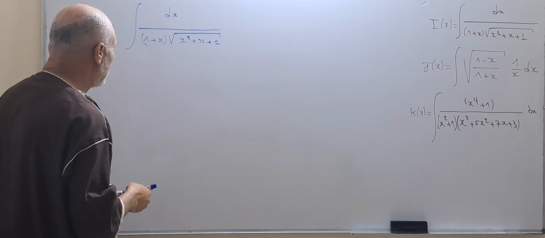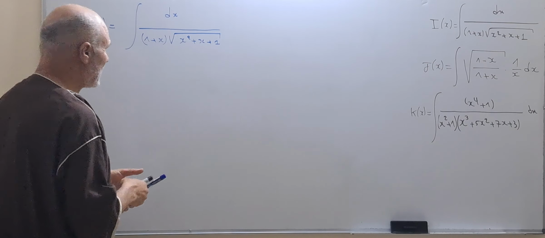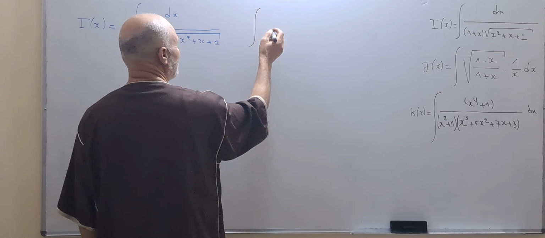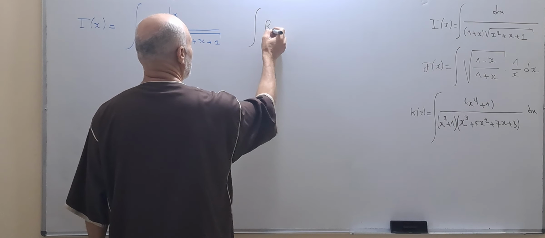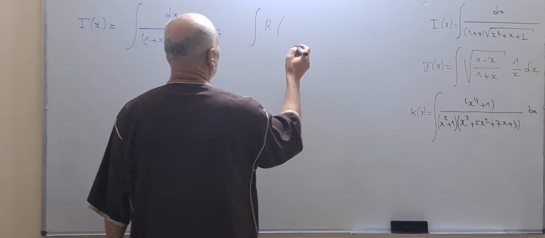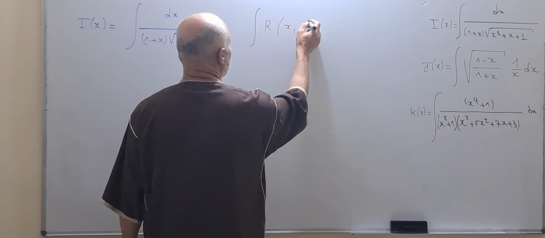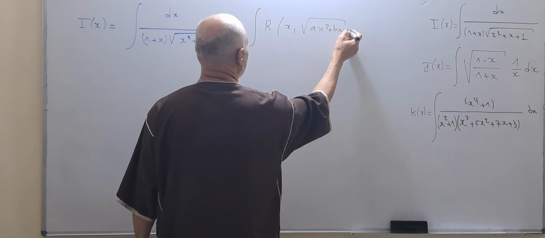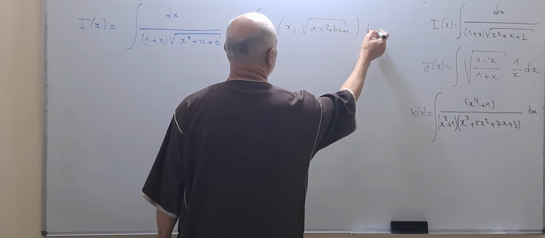This kind of integral is of the form x square root of ax squared plus bx plus c dx.